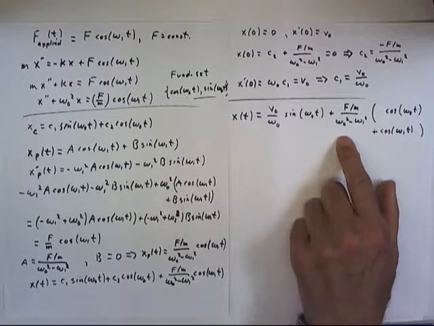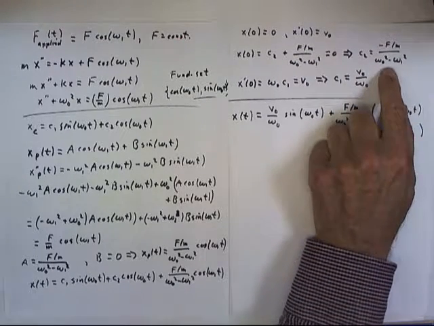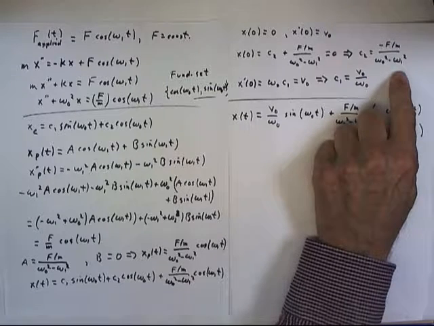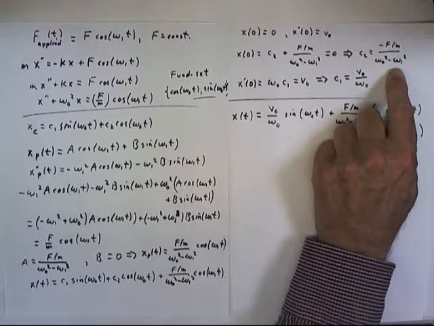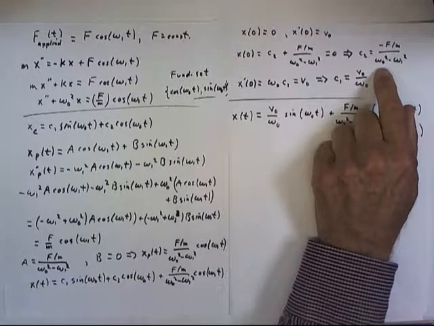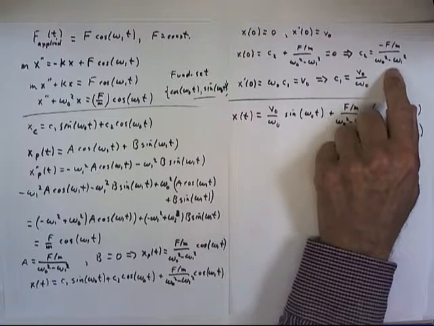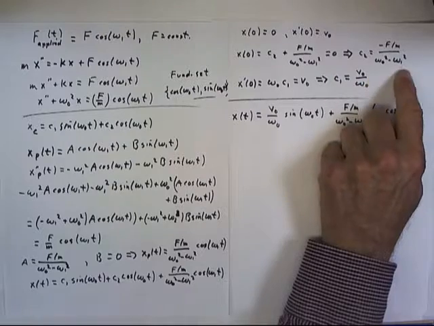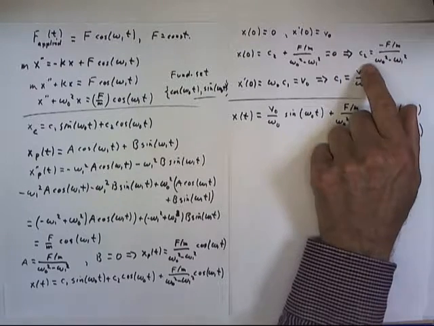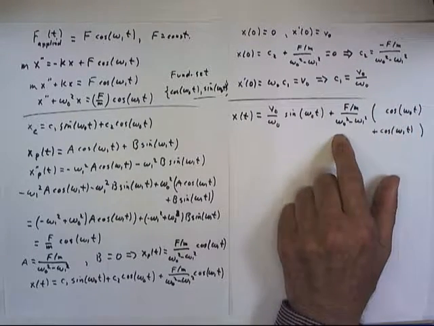Now, before we proceed any further, let's just think about the effect of omega naught and omega 1. If omega 1 is close to omega naught, then this C2 is going to be very large because this is going to be very small. The closer omega 1 is to omega naught, the bigger the value of C2.